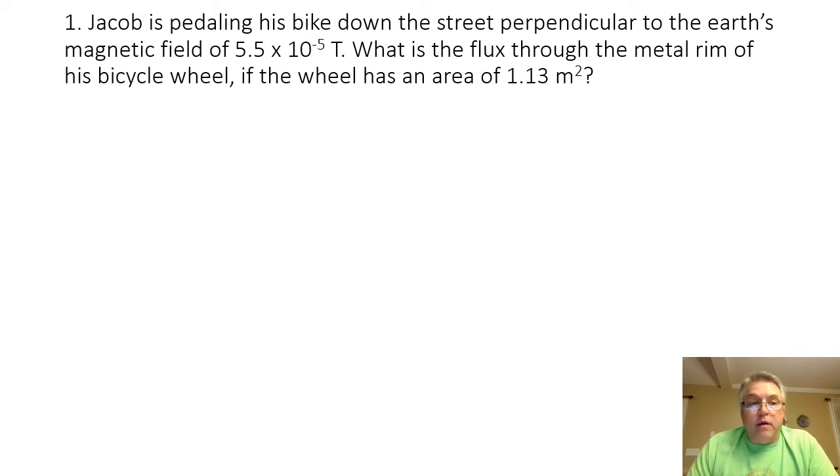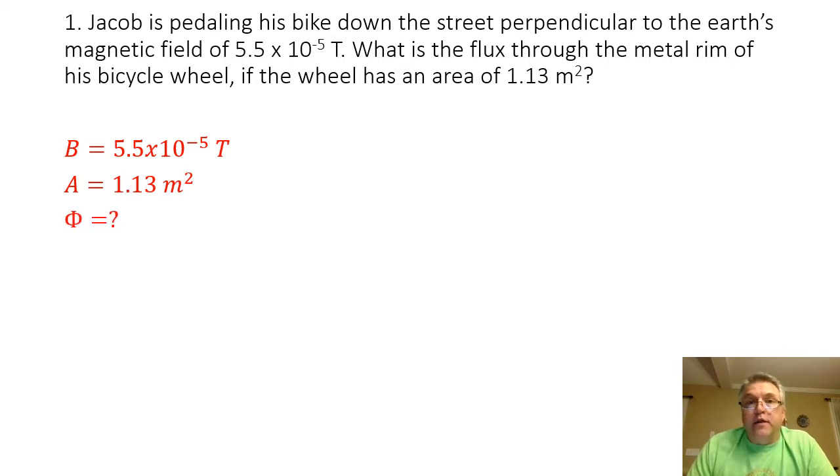In this problem, we are given the strength of the Earth's magnetic field of 5.5 times 10 to the minus fifth Tesla. We are given the area of the wheel, 1.13 square meters, and we are being asked to find the magnetic flux, or phi.